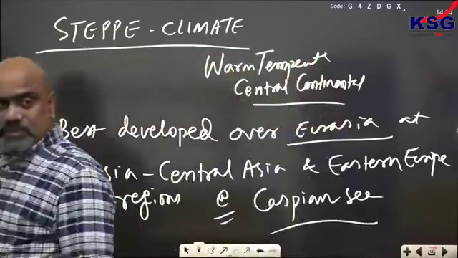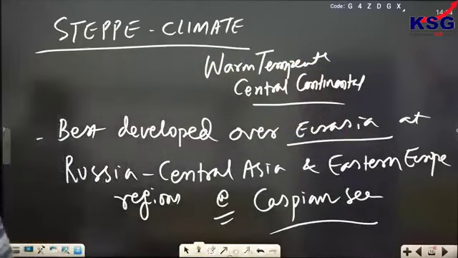From the Ural mountain regions to the Caspian Sea, the entire zone, we have the best developed steppe climate.